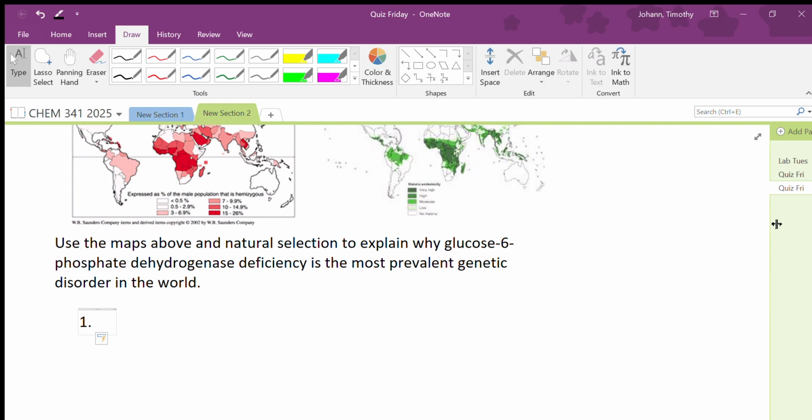What trait is being selected for or against? Somebody say it louder. Glucose 6-phosphate dehydrogenase disorder, right?